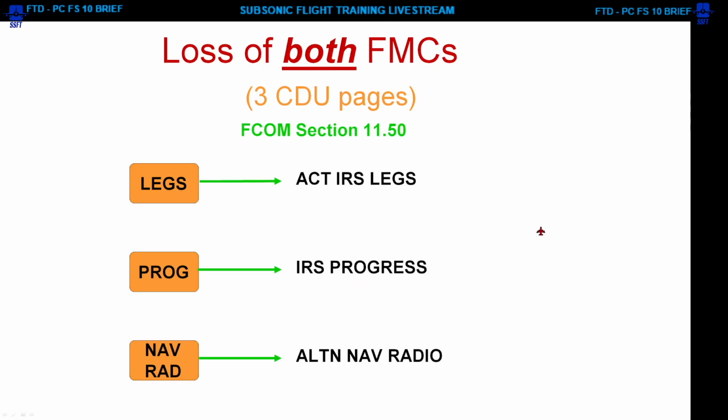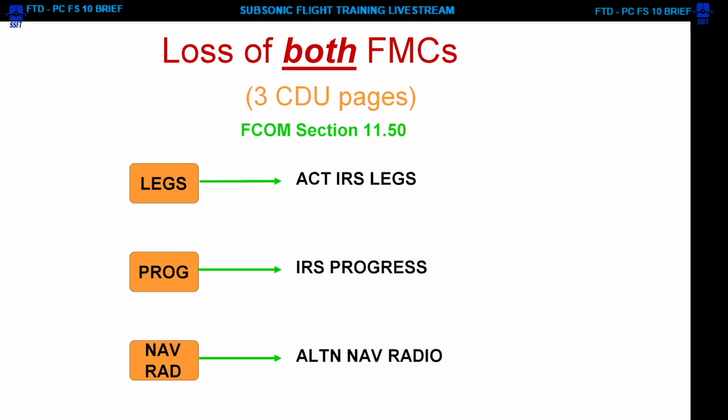Now when you lose both FMCs, here's what you get. You get 3 CDU pages: a legs page, a progress page, and a nav radio page. But they're called the active IRS legs page, the IRS progress page, and the alternate nav radio page. This is what you get when you're in alternate navigation, meaning both FMCs have failed.